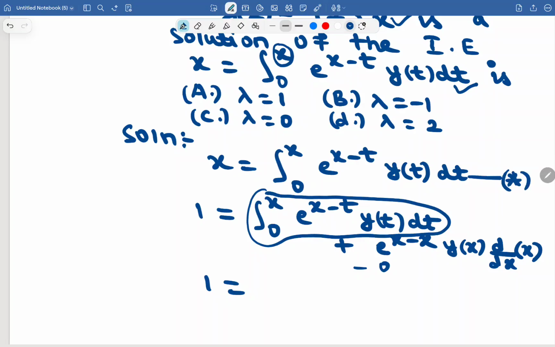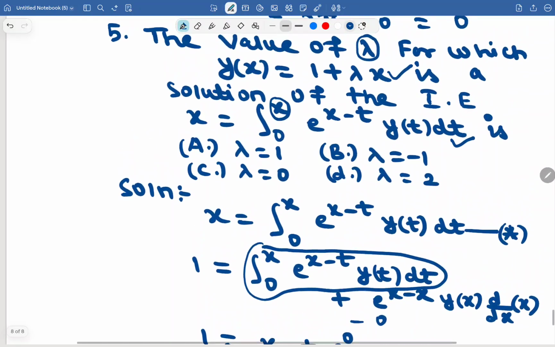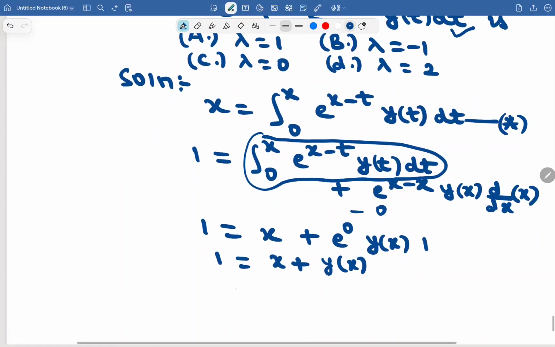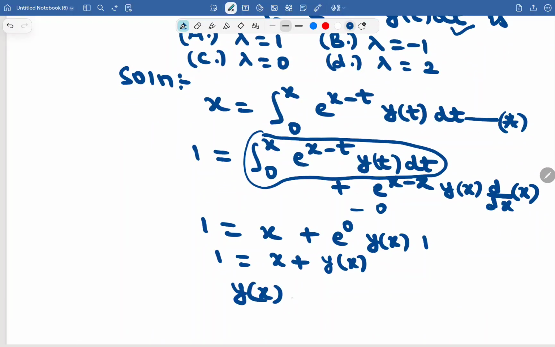1, which is equivalent to, this part is nothing but star, that is star means x. 1 plus x, e power 0 y of x, d by dx of x is 1. 1 equals x plus y of x. What is y of x? y of x is 1 minus x.